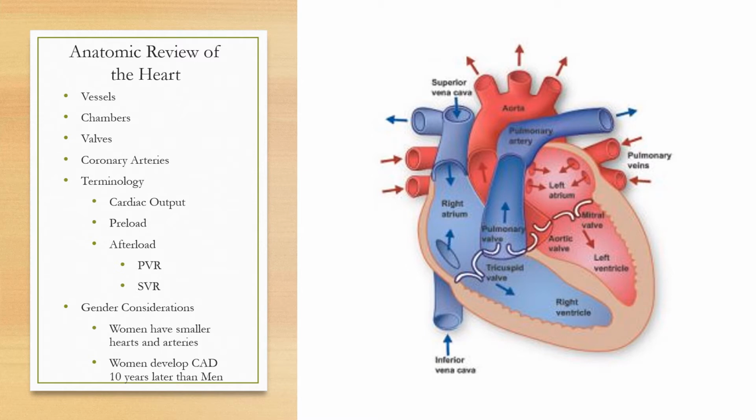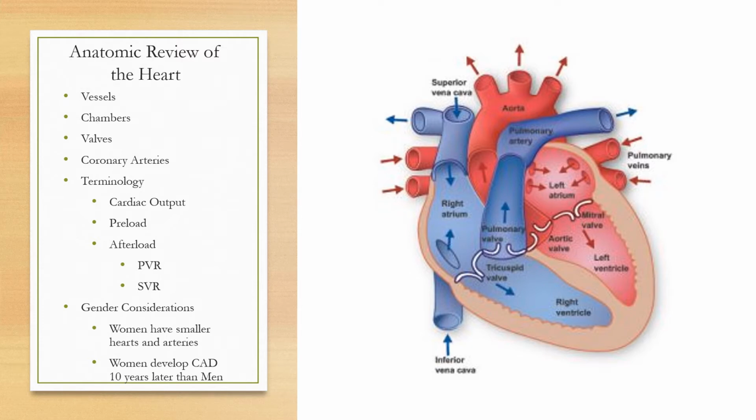So, for example, if you have no blood coming back from the inferior or superior vena cava, and so there's no blood flowing into your right ventricle, well, your preload is 0. Okay, so the preload is the pressure in the volume that's stretching the ventricle, getting it ready for the next contraction.